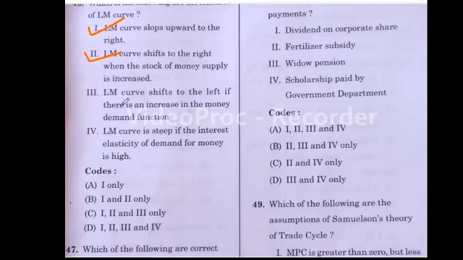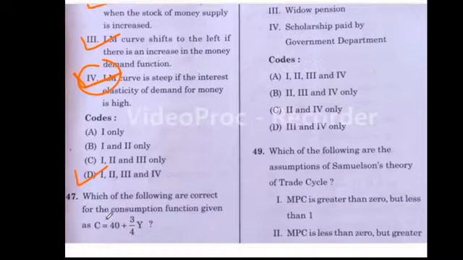Then LM curve shifts to the left if there is an increase in the demand for money, correct. LM curve is steep if the interest elasticity of demand for money is high. I think this is also correct. I am having a little bit of confusion in this option. I think this is also correct. So option D is the right answer. Yes, these are expected provisional key answers.